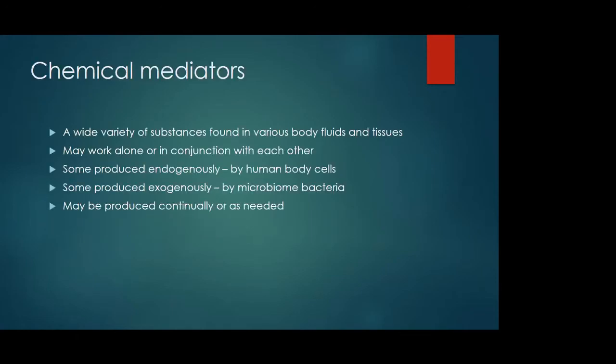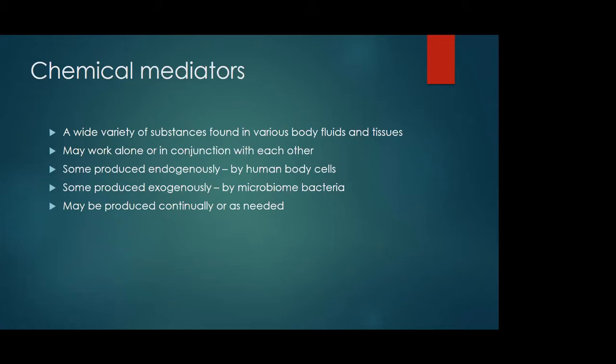All right, chemical defenses. So our body produces a large array of different chemical mediators for infection and for the immune response. They're found in various tissues and body fluids. There are lots of chemical mediators that can work together, and we'll talk about those in a little bit.